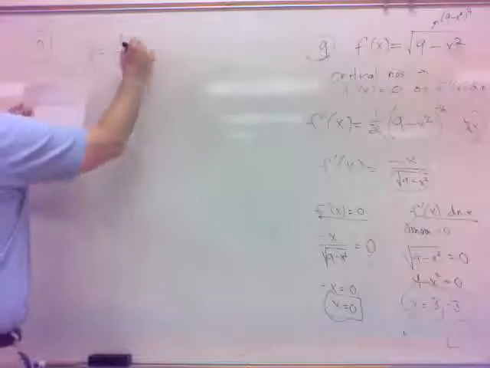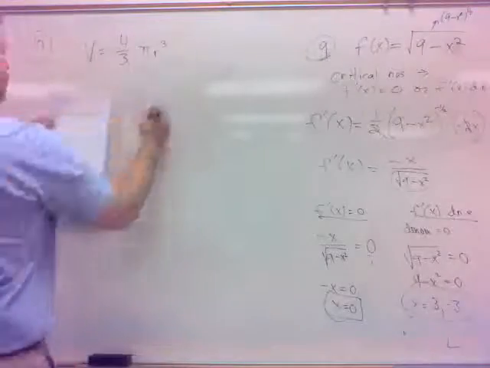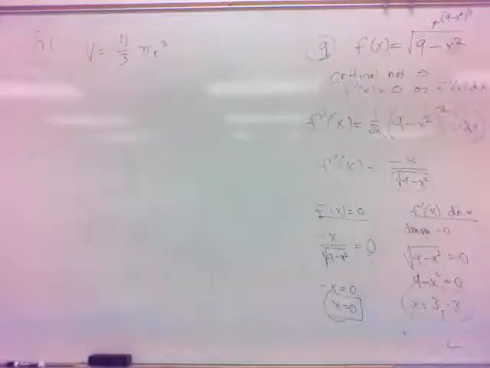I'll give you the formula, which is actually one we just got through finding out why that's that way. But what is it we're looking for here? We're looking for the rate the radius is changing. Well, in terms of calculus, how would that be written?